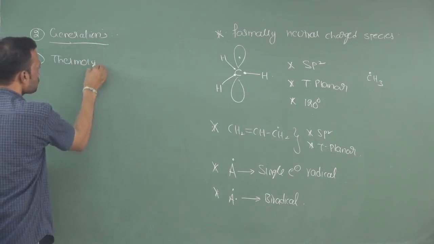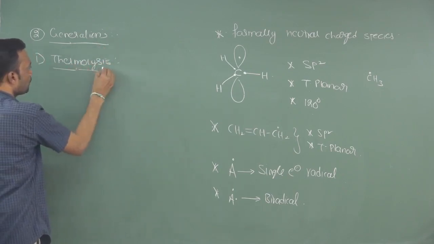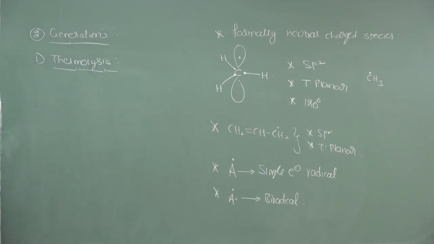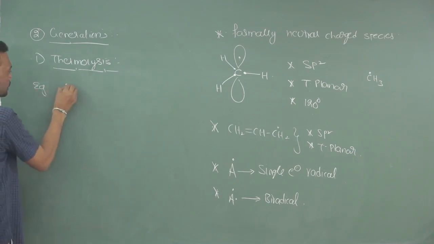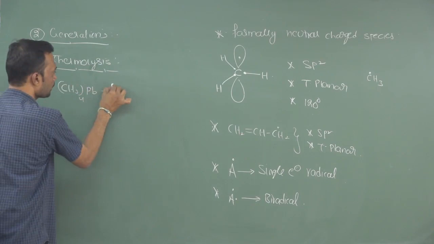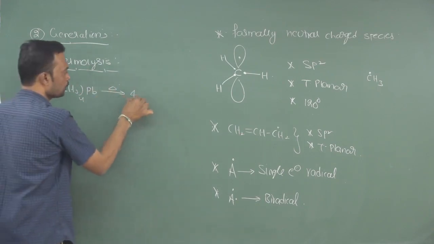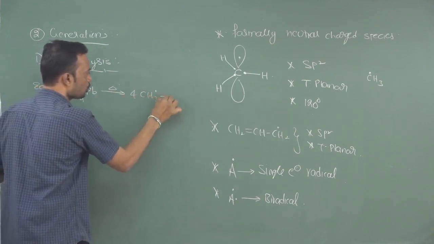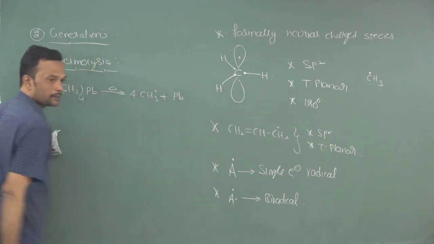By heating, suitable bonds have a tendency to generate free radicals. Free radicals can be generated by heating under suitable thermal conditions. The best example: I am using tetramethyl lead. When tetramethyl lead is heated at a suitable temperature, 4 equivalents of methyl radicals are generated, followed by loss of lead.